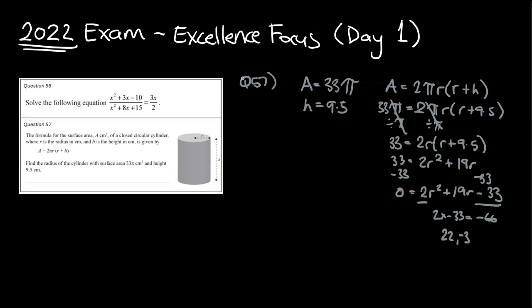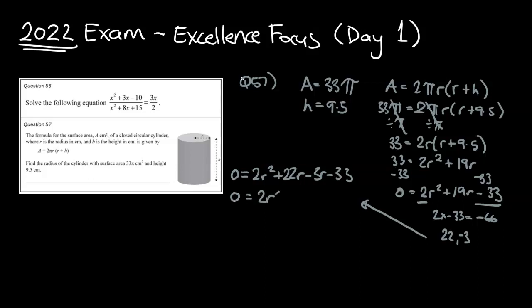I'm now going to, maybe I'll scoot back on over here. I'm now going to split my 19r up into those two parts. So 0 is going to be equal to 2r squared plus 22r minus 3r minus, sorry, I nearly wrote 66, but minus 33. I'm now factorizing using the grouping method.